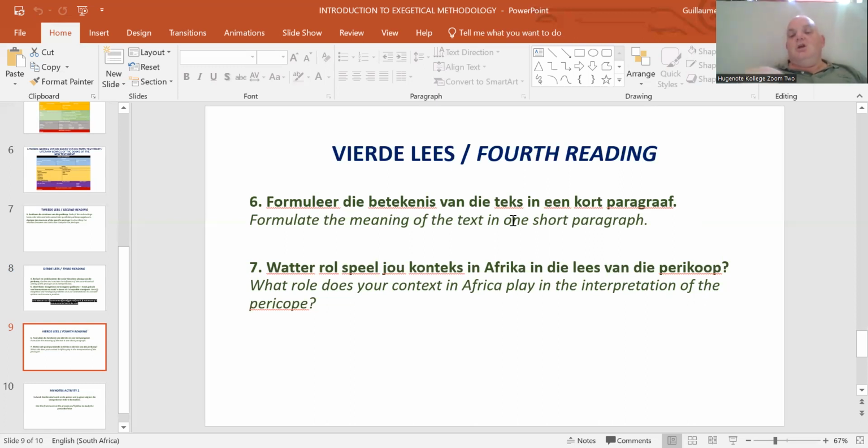You need to not only acknowledge your context, but also start using it to say, this is how I perceive reality. Now I'm reading this text. What does this text tell me of my reality and perception? And how do the two work into one another? Not changing the Bible, but allowing me to get either better insight or challenge my presuppositions about things that are happening in our context.